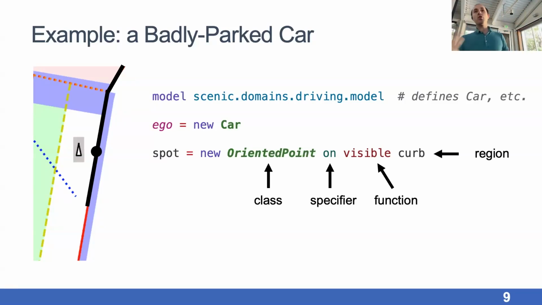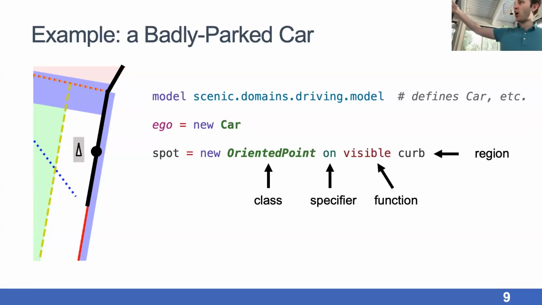And specifiers can work together to specify the different properties of an object. So you could specify the position one way, the orientation a different way. We have a lot of different specifiers in Scenic that mirror different ways in natural language. You can specify where something is, which direction it's facing, and so forth. And specifiers allow you to mix and match those to build up a complete definition of an object. And we'll see some more examples later.